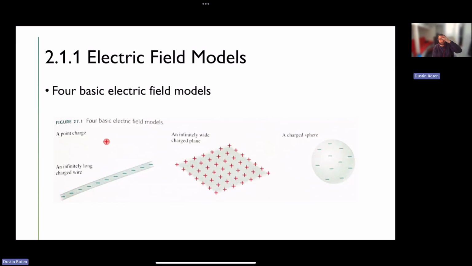So we have four basic electric field models that we'll look at. We have a point charge. So if you have a really tiny charged object and you're far away from it, you can just say, oh, that's a point charge. We have an infinitely long charged wire. Obviously, there's no real infinitely long wire, but you can imagine perhaps you're an electrical engineer working on the wiring in a Boeing 737.